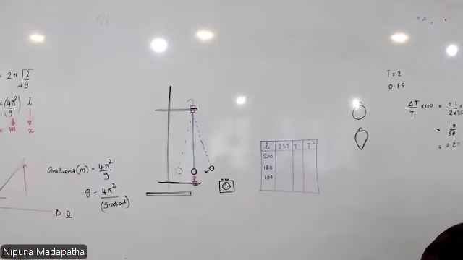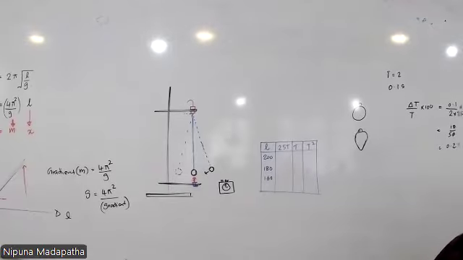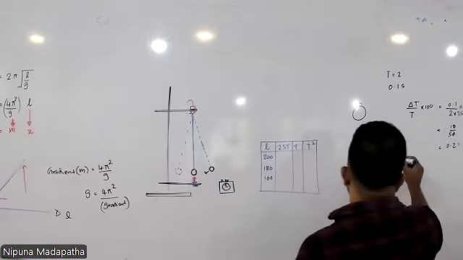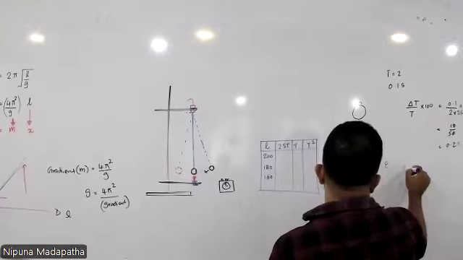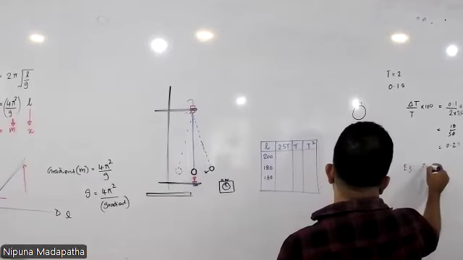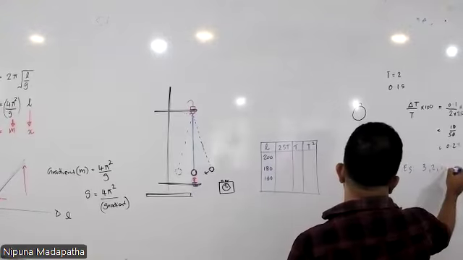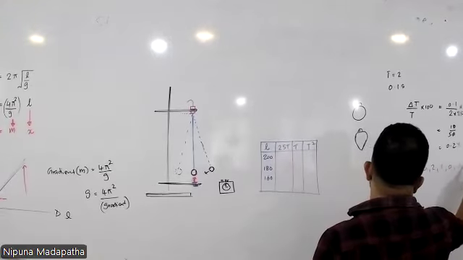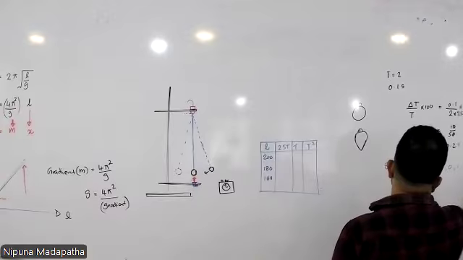As an example, 3, 2, 1, 0, again 1, 2, up to 25.